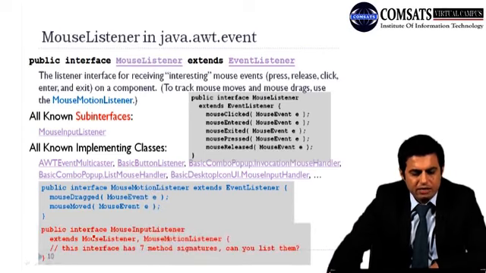Okay, and there is another interface, mouse input listener. That was mouse motion listener, but this one is input listener, which is extending mouse listener and mouse motion listener. So again, there is a kind of inheritance in the interface which you can use.